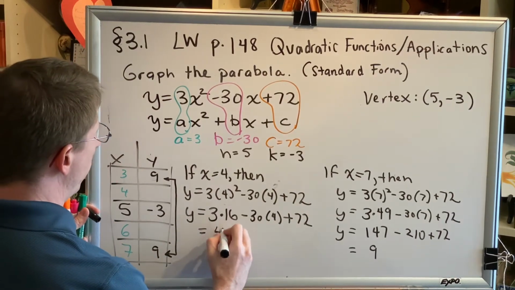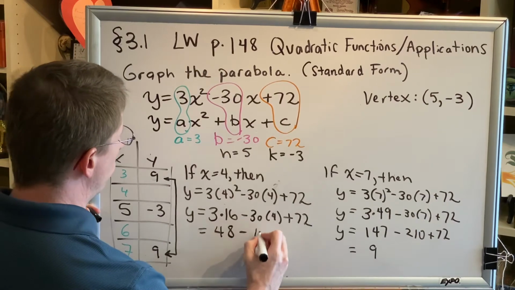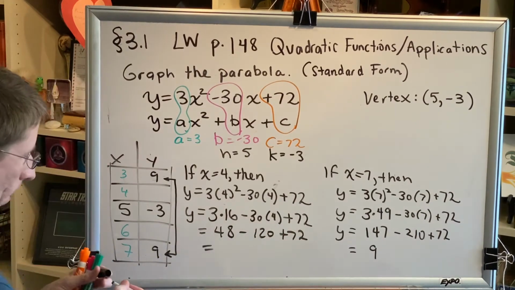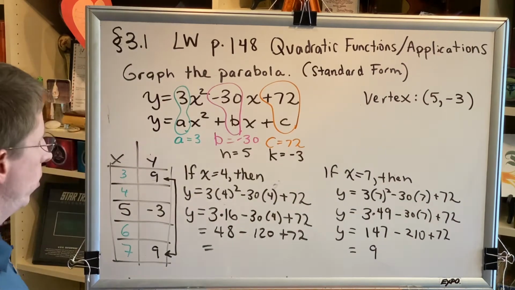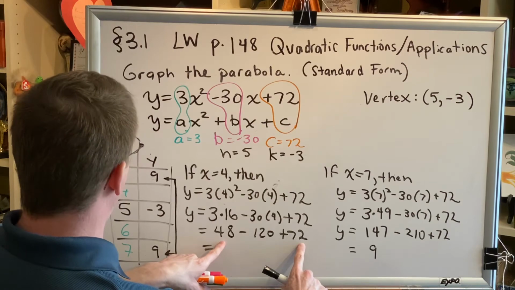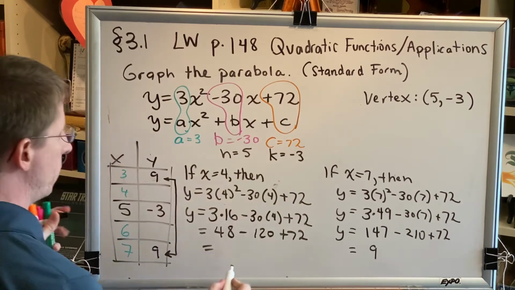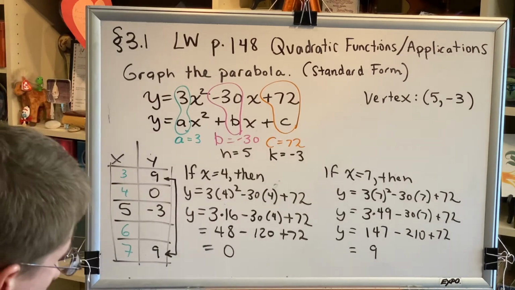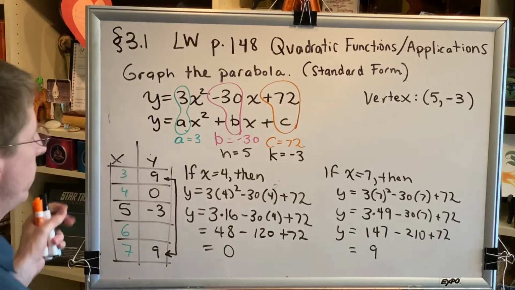Multiplication before anything else. 48 minus 120 plus 72. All right, so 48 and 72 combine to make 120. Minus 120 leaves 0. And that just leaves 6.